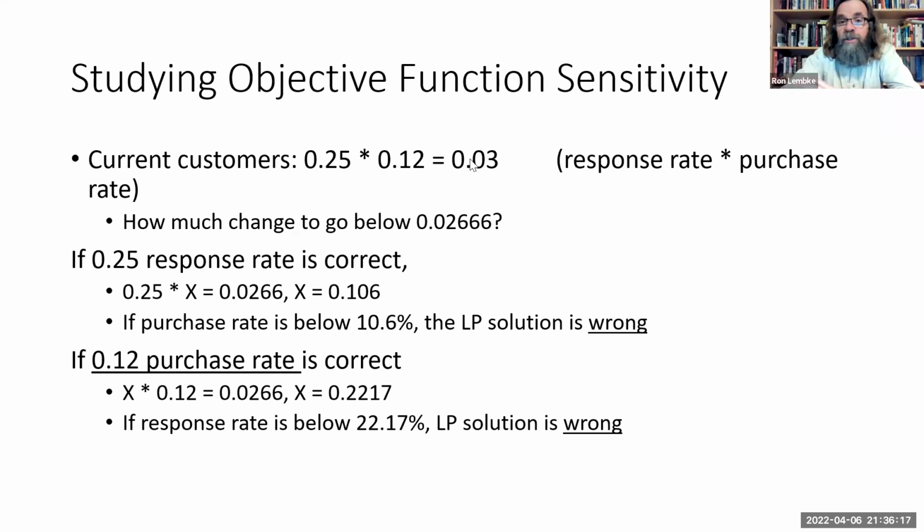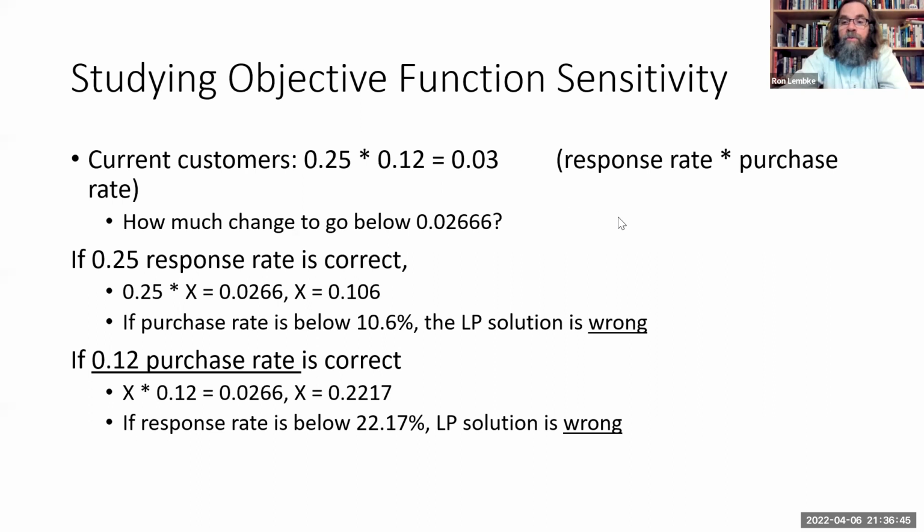So what would have to change for that 0.03 to go down to 0.0266? If this 25% estimate is right, that 25% of our current customers are going to take us up on the offer and accept the sample, how much would this 12% have to change before the product of those two numbers would be 0.0266?